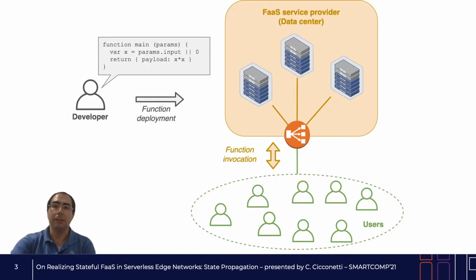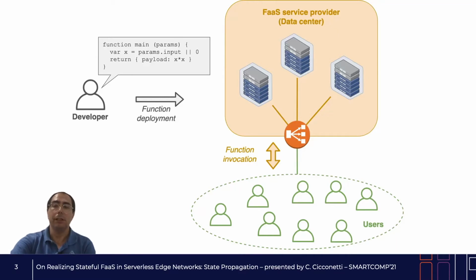In this simple example, they invoke f with x, for instance, x is 5, and they get back the result. So in this case, the result will be 5 times 5, which is 25. As many instances as needed are spawned as containers, and this is done automatically.